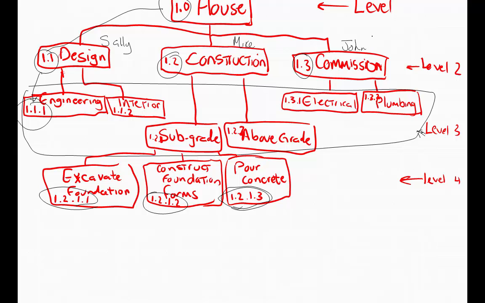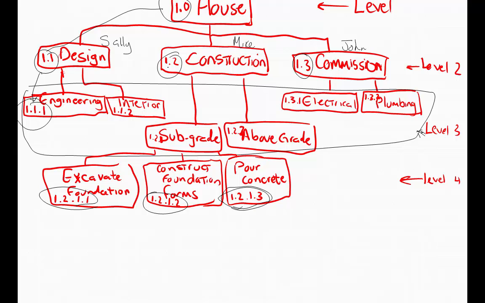You can assign deliverables to, for example, managers, and each manager can go to their respective department and assign work packages to their team. So, for example, Mike is the construction manager. He has a project team that works with him. He can easily assign work packages to members of his team.